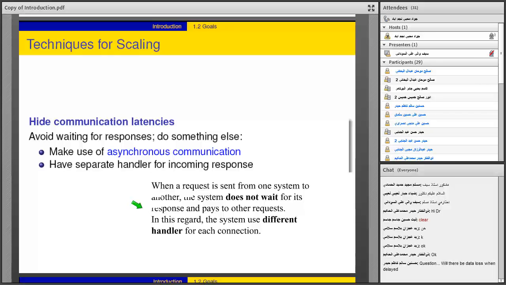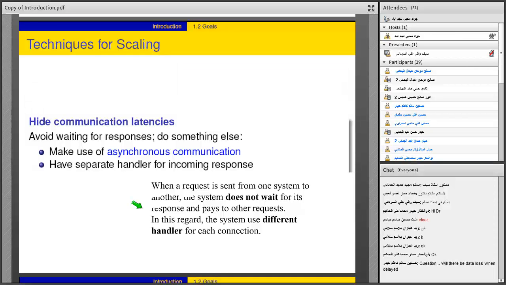When the request message is sent, some timer can be used, and if its response is not received by the sender, the sender can send its message again to the machine.